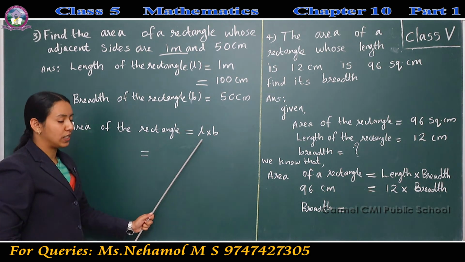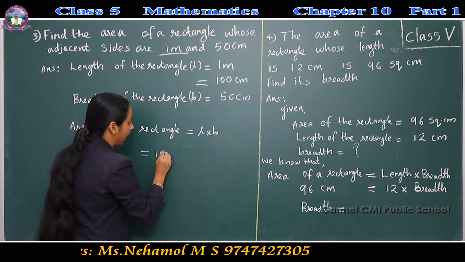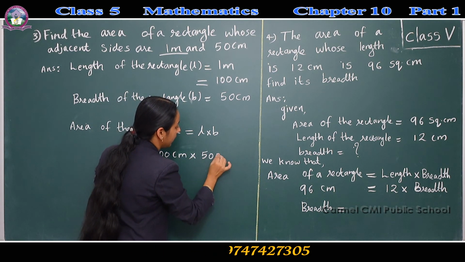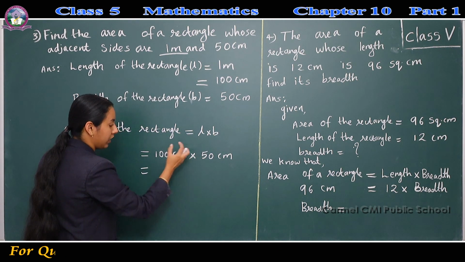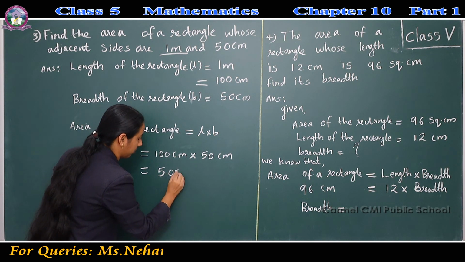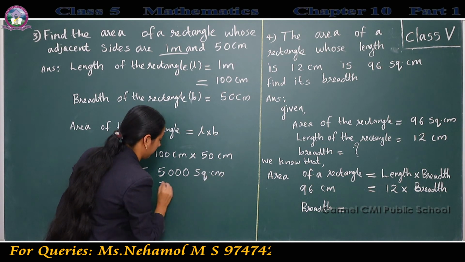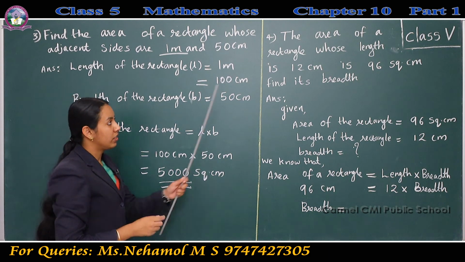Area of the rectangle is equal to L into B, that is equal to 100 centimeter into 50 centimeter. What is the answer? 100 into 50 is 5,000 square centimeter.